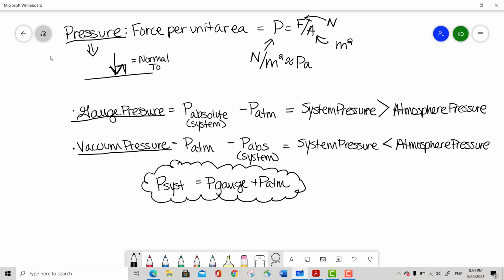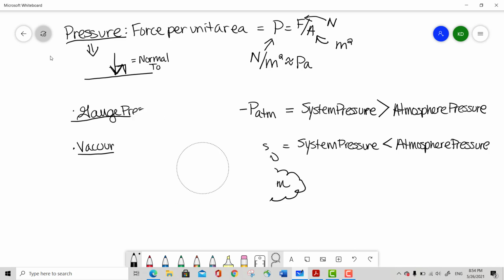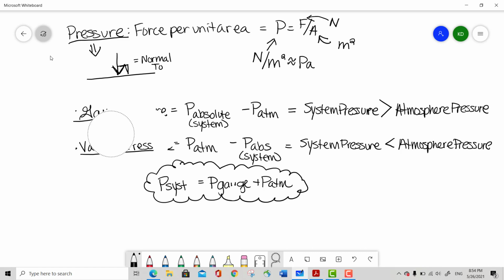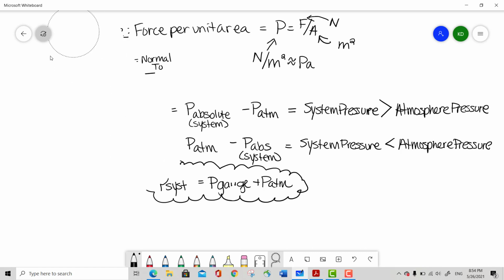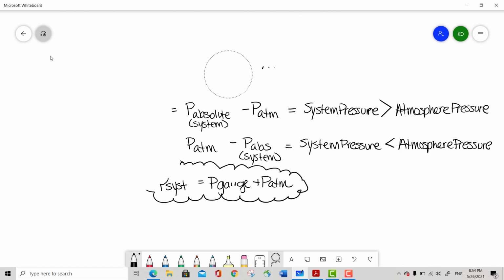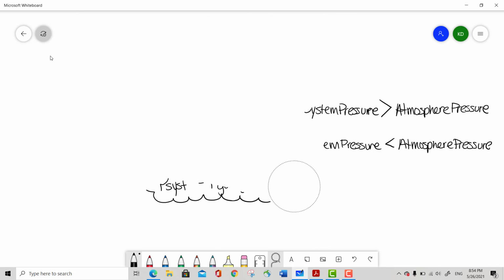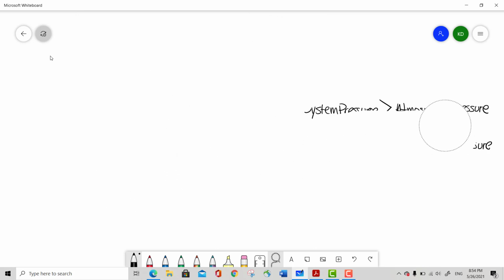So let's work a problem. Let's do an example. I would normally scan and upload these, but because they're recorded, I know that you guys can always go back for anything that I'm writing.